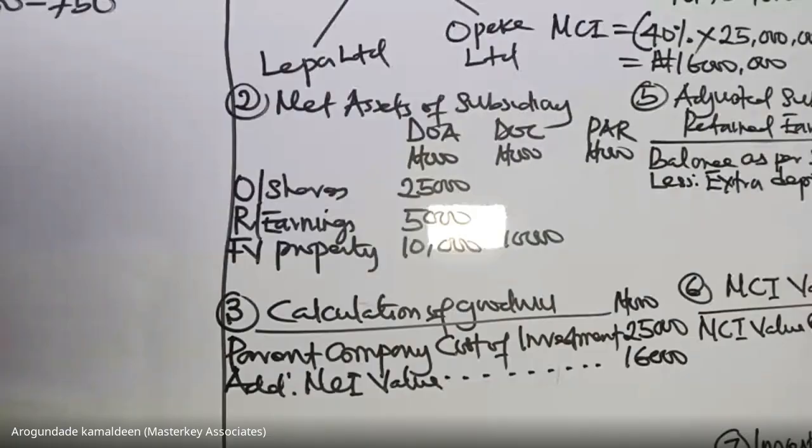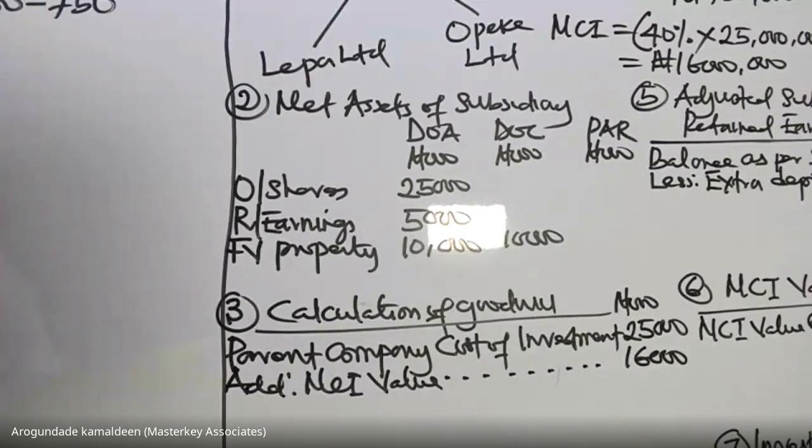Transfers were made by Lepa Limited at a cost plus 25%. Orobo held 2.5 million of inventory of these components at December 31st, 2018.